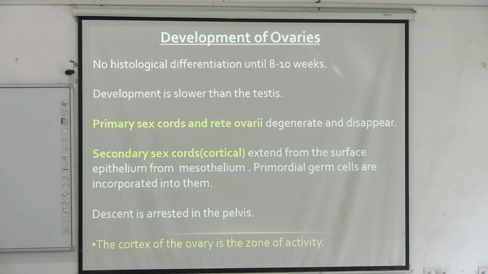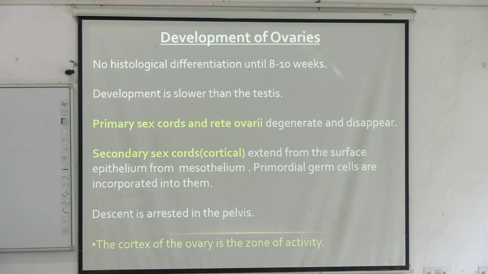The uterus grows in the pelvis in between the descent of the ovary, and as a result, the gubernaculum is split. In the female, the gubernaculum splits into two ligaments and cannot do the traction completely.